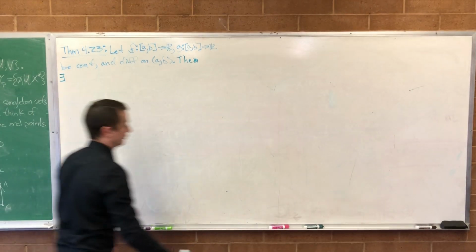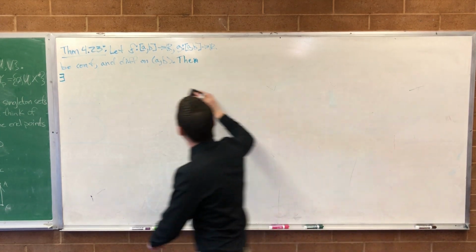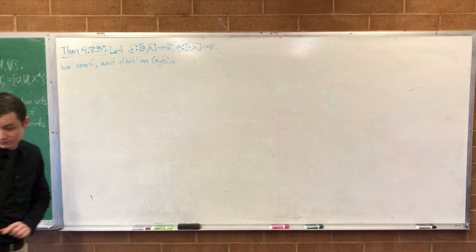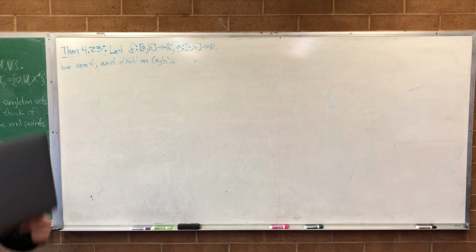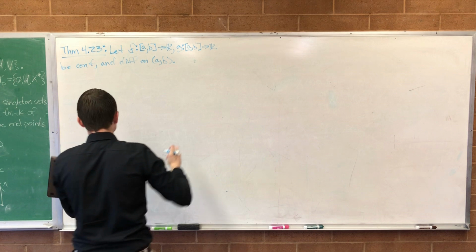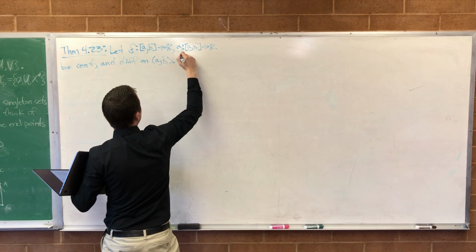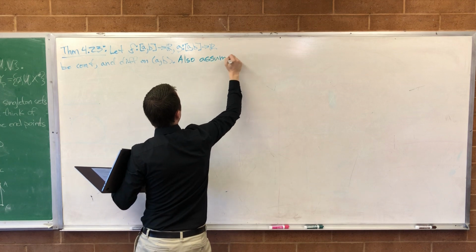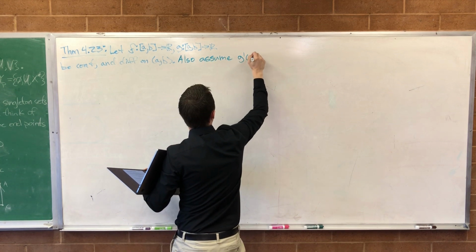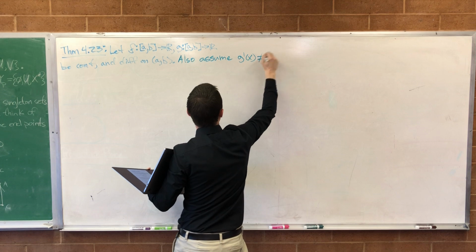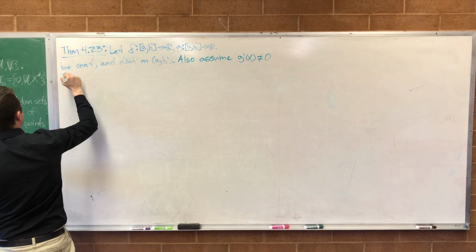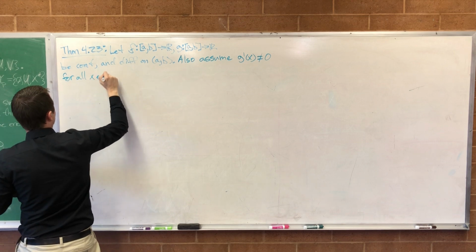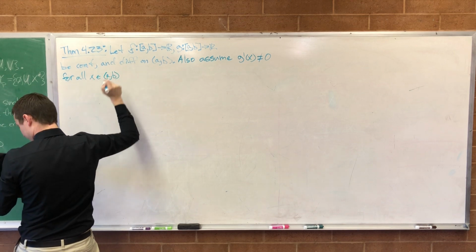Oh, no, we need one more assumption. Because we're going to put g in the denominator, so we also need g to not be 0. Also, assume g prime of x is not equal to 0 for all x in the open interval (a, b), because that's where g is differentiable.